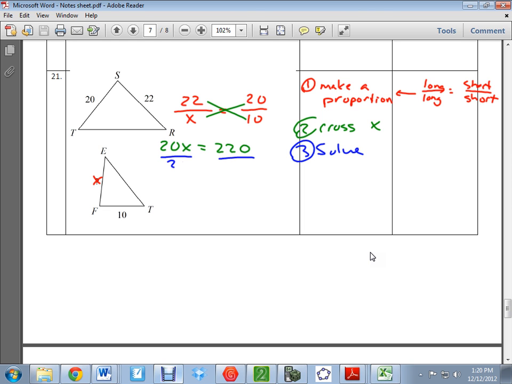So I just divide both sides by 20, and x is equal to 11. That's the missing side of the bottom triangle. It's 11 inches or whatever long. Are there any questions on how to find that for a cross multiplication similar triangle problem?